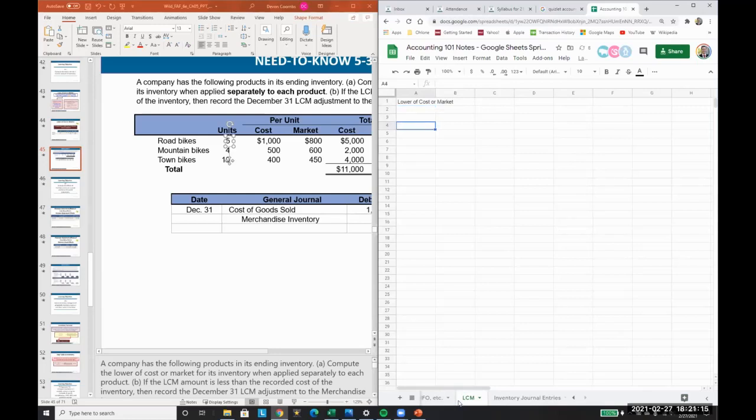So what are we doing here? We have road bikes, mountain bikes, and town bikes. There's a reason I'm doing this with you: I want you to see the difference per unit, cost, market.